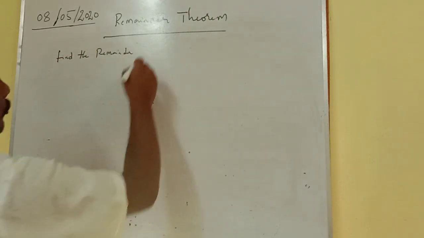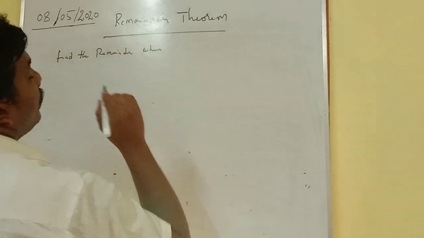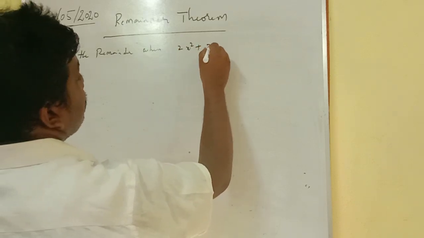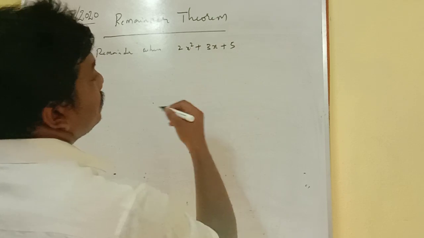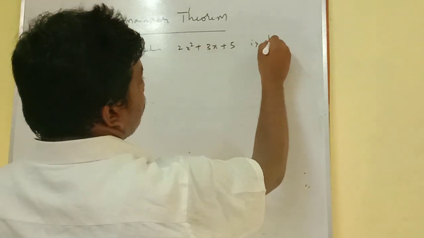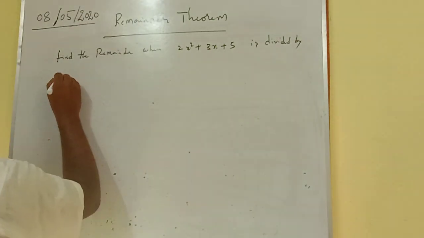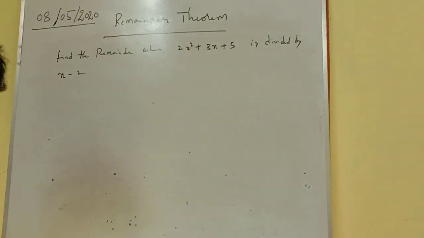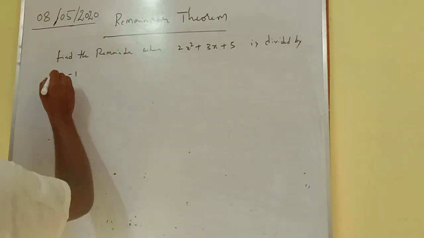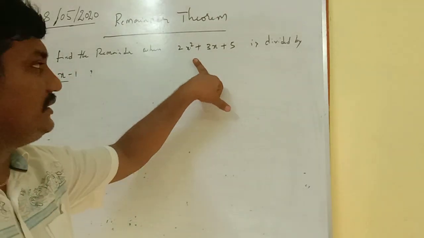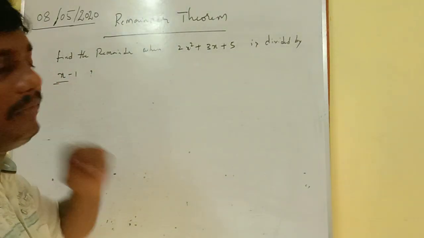Find the remainder when 2x square plus 3x plus 5 is divided by x minus 1. This is the question.